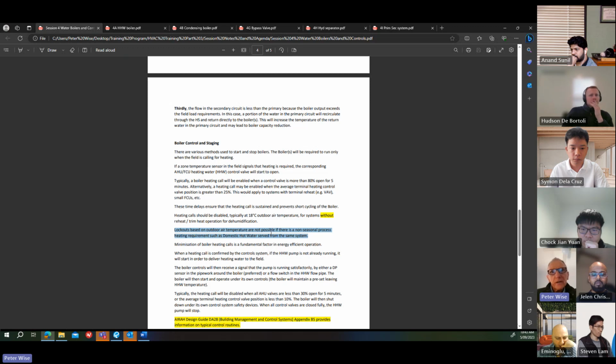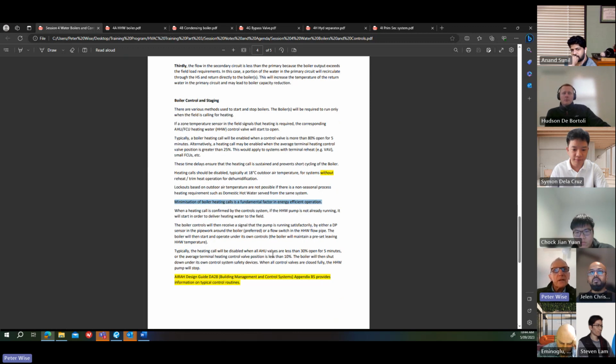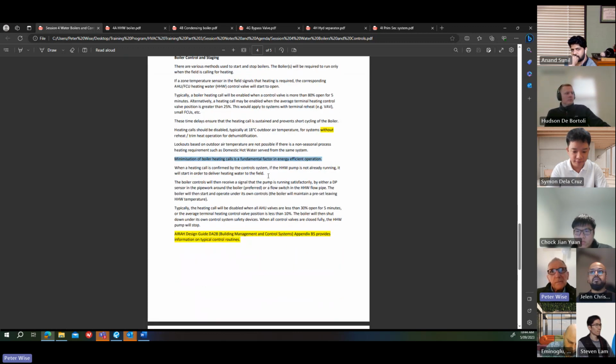So you can't have an outdoor air temperature lockout, because then you're going to lose your domestic hot water. Once again, minimisation of boiler heating coils is a fundamental factor in energy efficient operation. And as I said, it's detrimental to the boiler and other equipment if you're turning things on and off constantly.